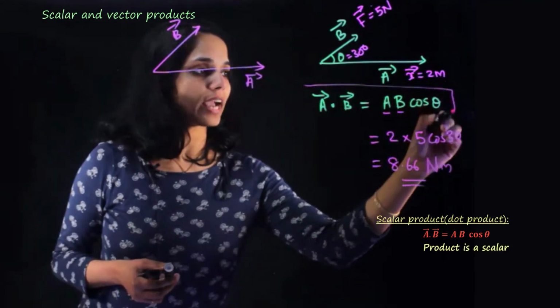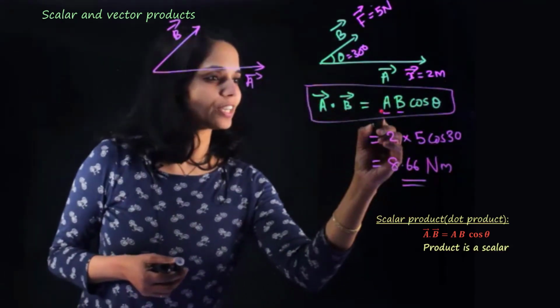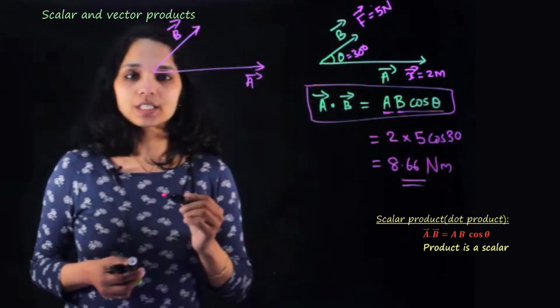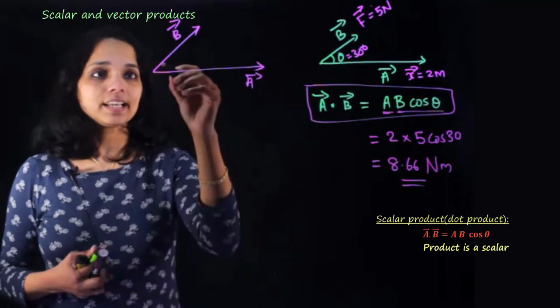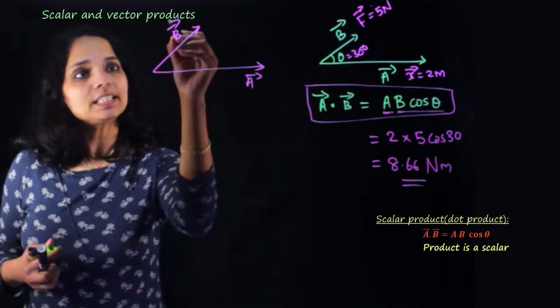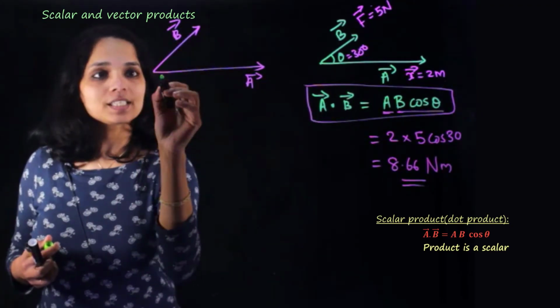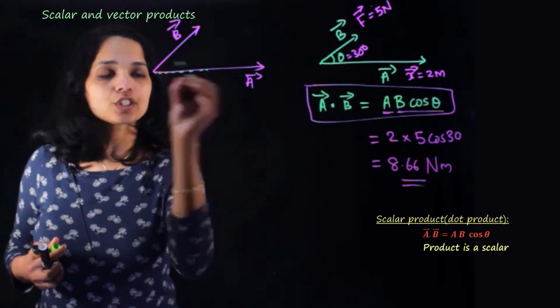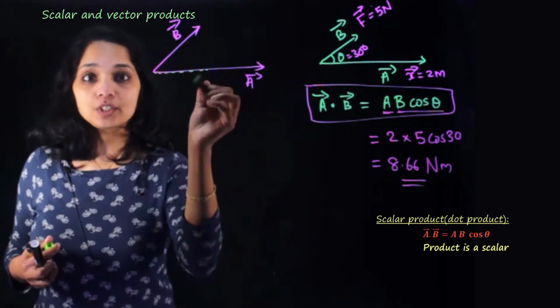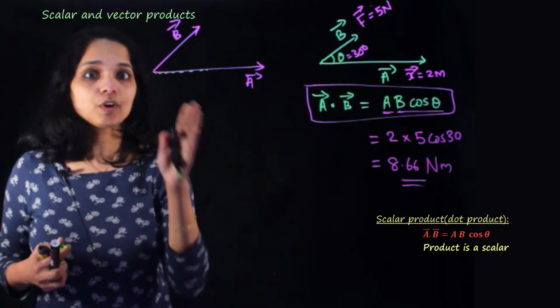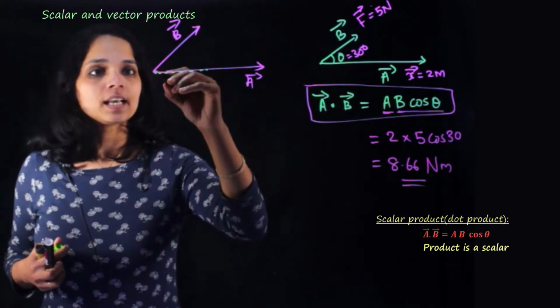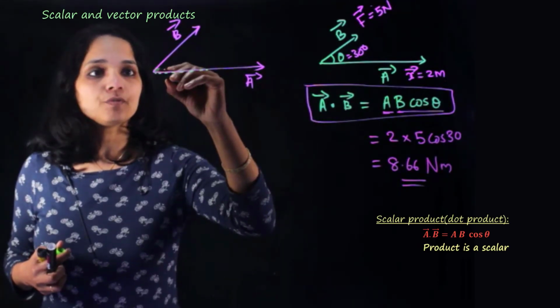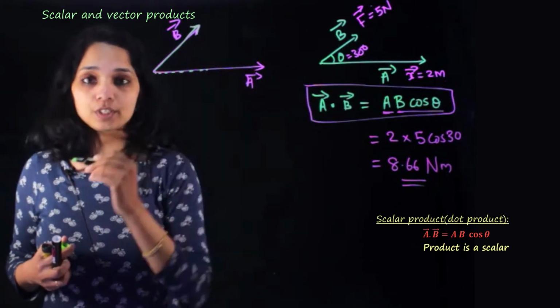If we look carefully at this dot product, it can be read as A times B cos theta. So what is this B cos theta? If you look at this diagram, we can split B into two components, one along this direction and one perpendicular to the direction, two perpendicular components. We already learned that in a previous video. To split that into components, construct a right angle triangle with vector B as the hypotenuse of the triangle.